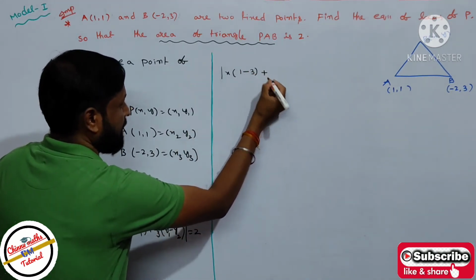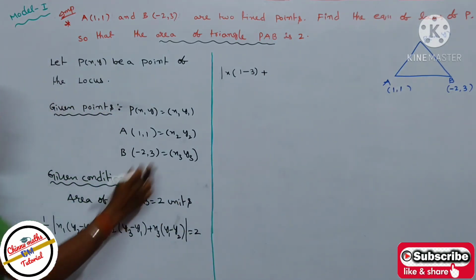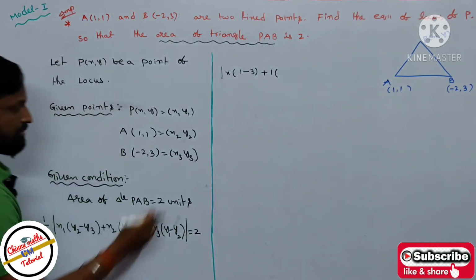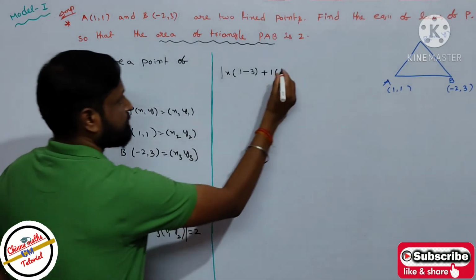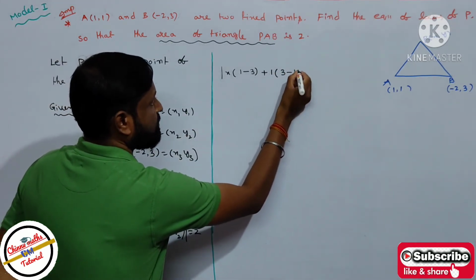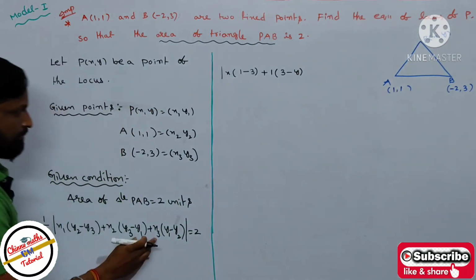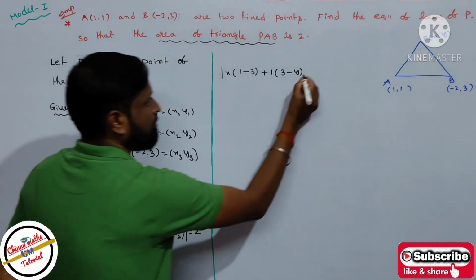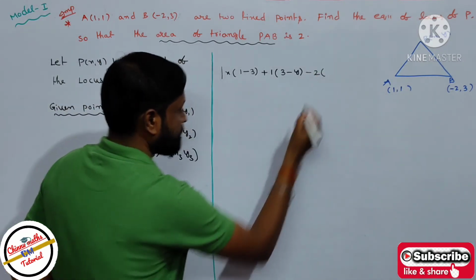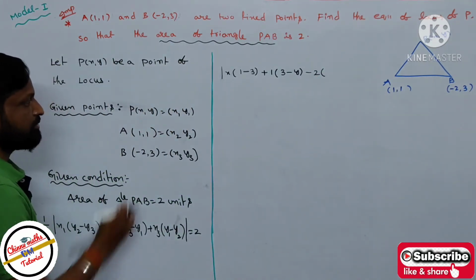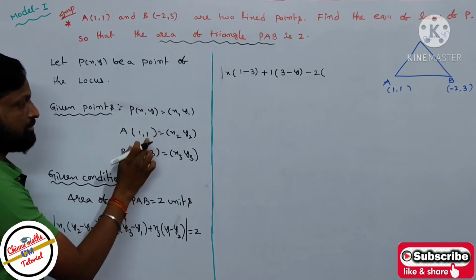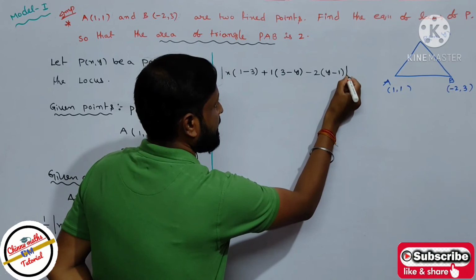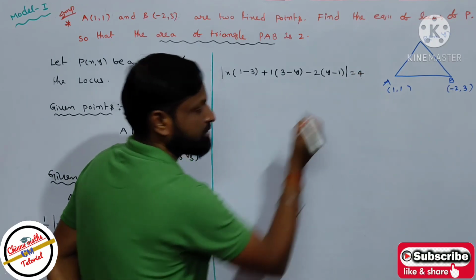Next, plus x2, x2 value equal to 1 into y3 minus y1, y3 value equal to 3 minus y1 value equal to y. Next, plus x3, x3 value equal to minus 2, into y1 minus y2, y1 value equal to y, y2 value equal to 1, that is equal to y minus 1. Taking the cross multiplication, 2 into 2, that is equal to 4.